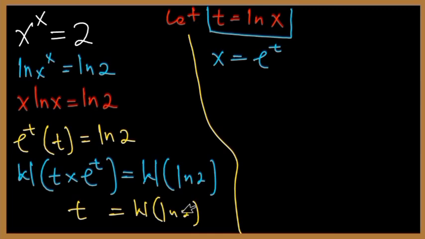Where I see t, I can put ln x here. Doing so, I'll have ln x, replacing t with ln x, equals W of ln 2, bracket close.